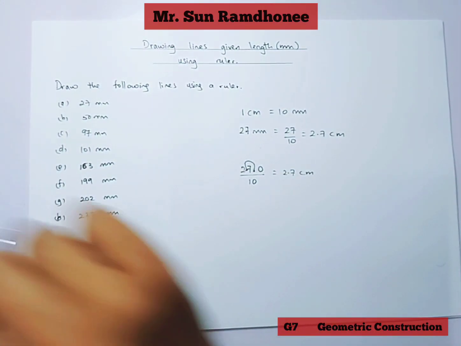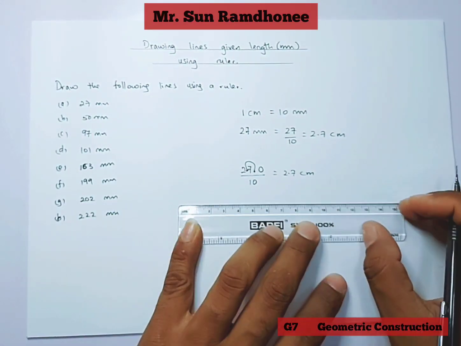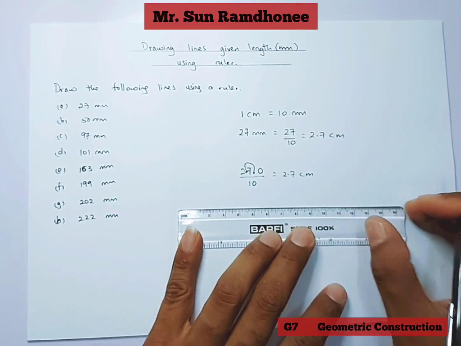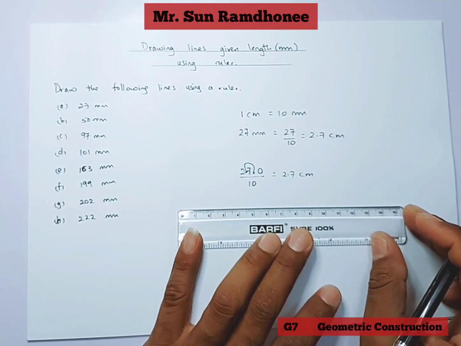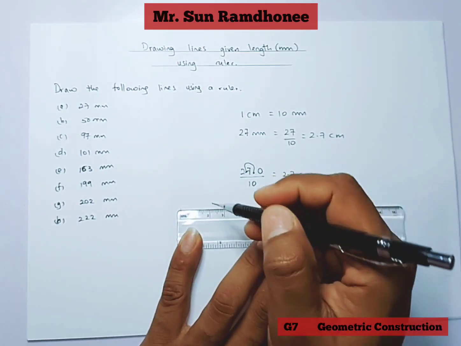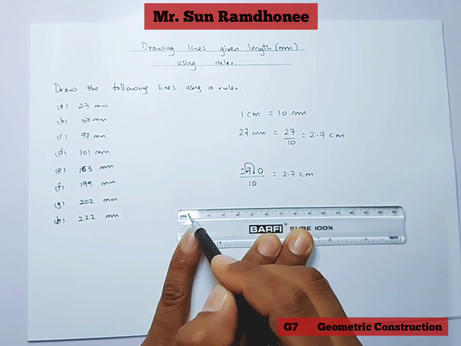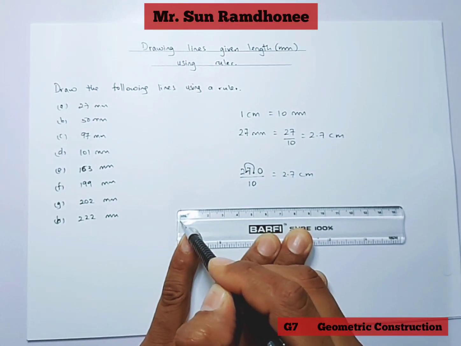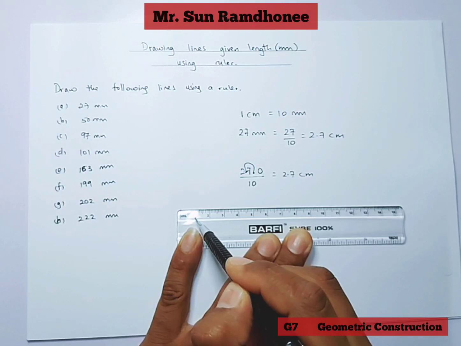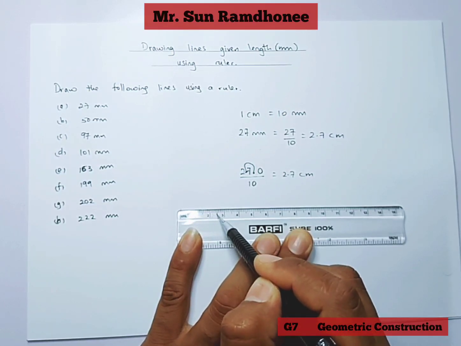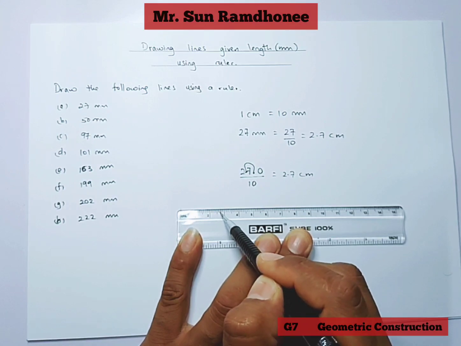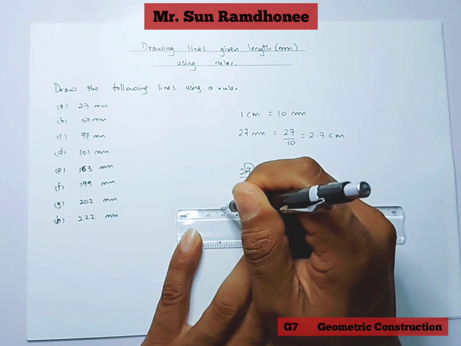When we are going to draw lines, we have to use the ruler. We have to start from 0, which is here, we put a dot, and then we measure using our ruler. So this is 0, 5, 10, 15, 20, 25, and then we need 2 more divisions, which would give us 27, and then we put a dot here.